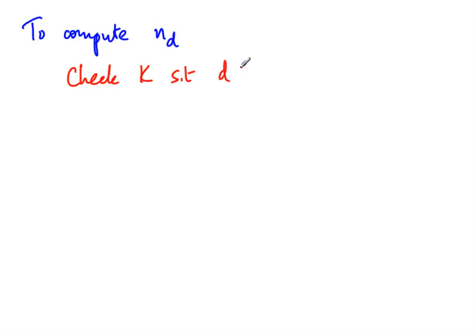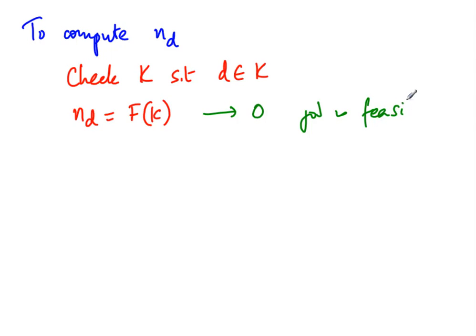So what we do to compute N_d is the first free slot which is available to the left of the deadline d. We check k such that d belongs to k, and N_d should actually be equal to f of k, right? So now if this N_d value is 0, this means that this job is infeasible. That is, there is no free slot to the left.